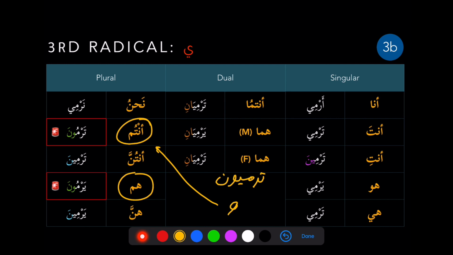Here also recognize that the kasra on the meem got converted to a dhamma. So that's why we have ترمون and not ترميون, which is a little awkward to say. We could use the same logic to derive هم يرمون. I hope you got this one right.